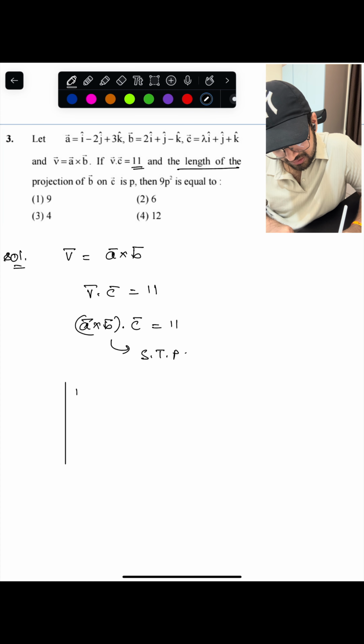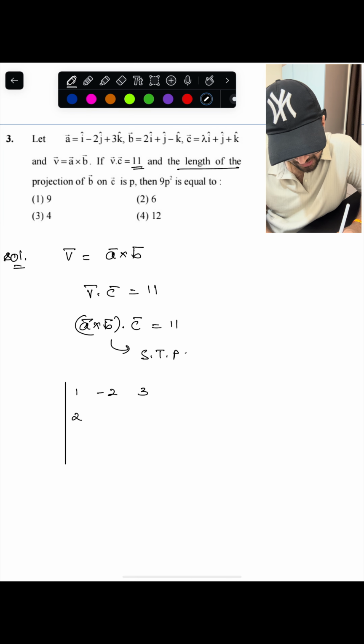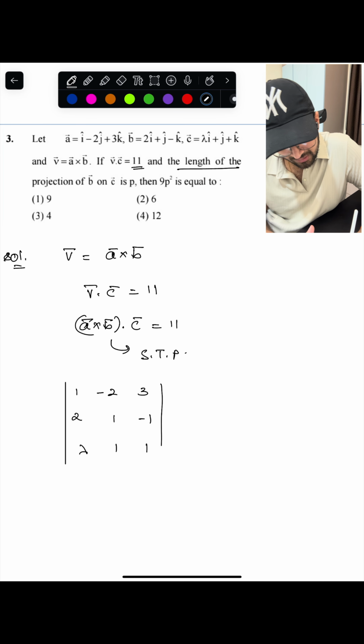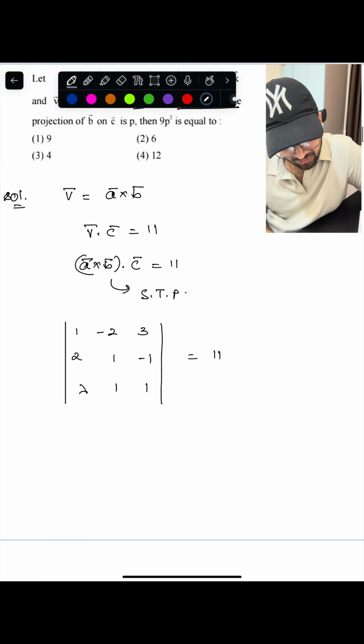Write the A components 1, minus 2, 3, and write B components 2, 1, minus 1. Write C components lambda, 1, 1. Then it should be equal to 11.